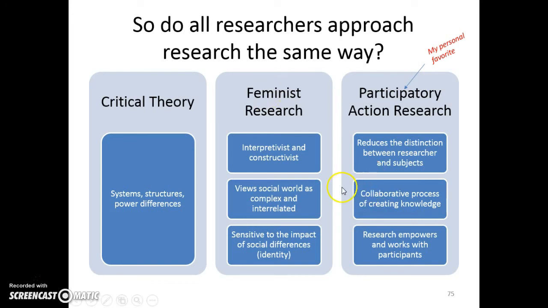That may differ a little bit from feminist research, which is more focused on issues of social differences and the outsider and identifying that, and critical theory, which may be looking a lot at discrimination and power and structure. So this is just your personal style. You may or may not find that you fit into any of these at all.